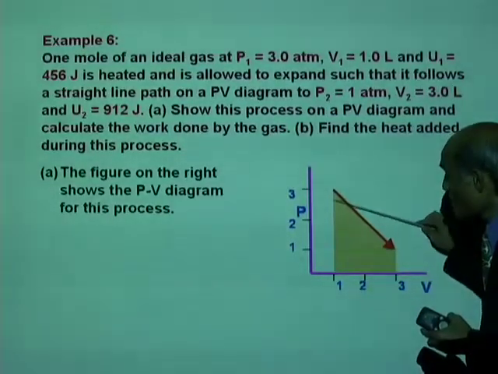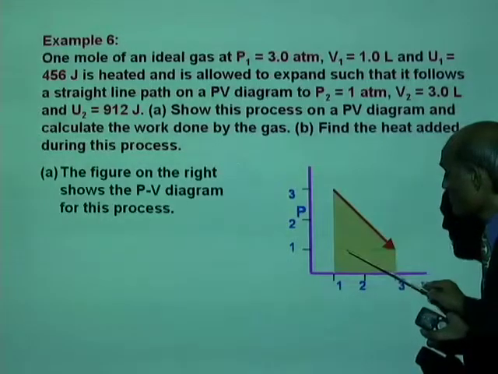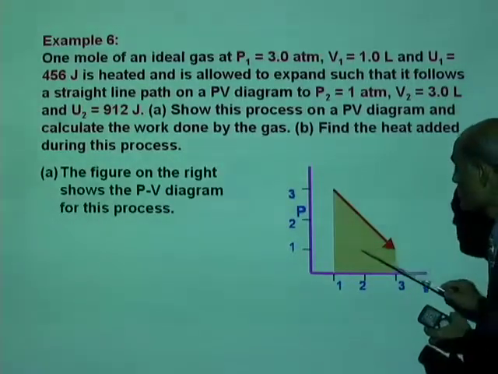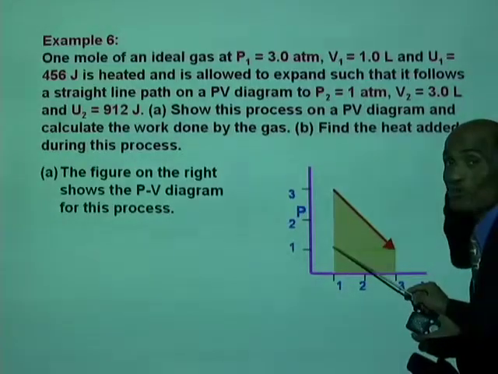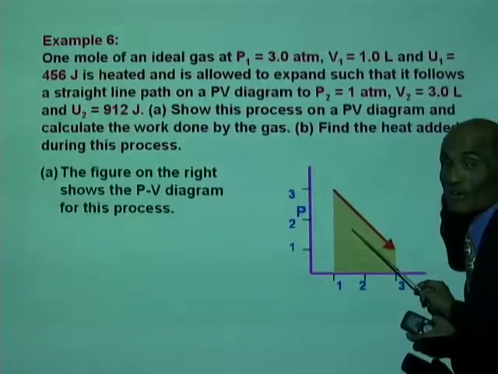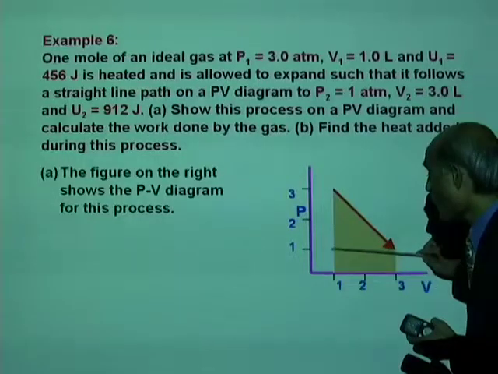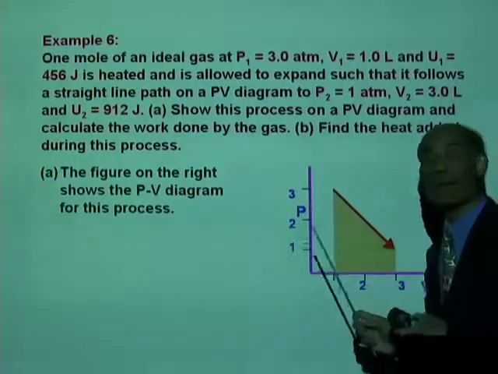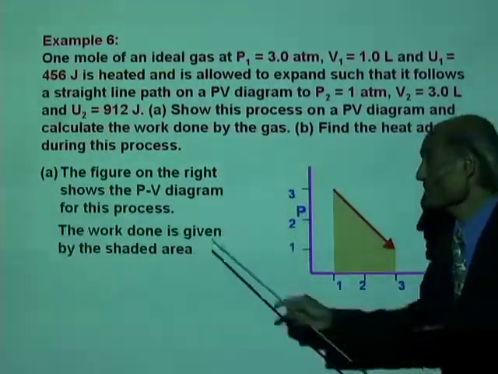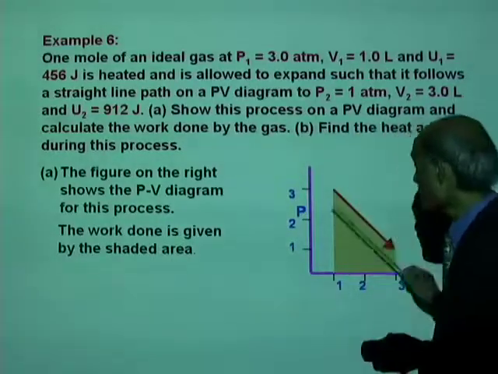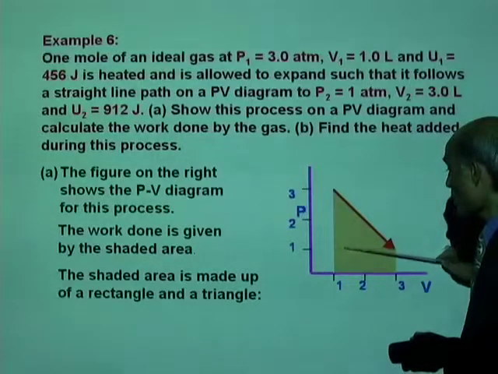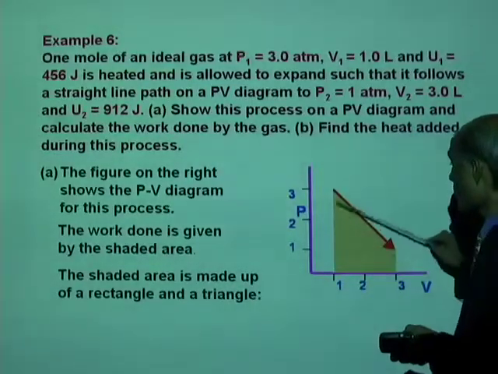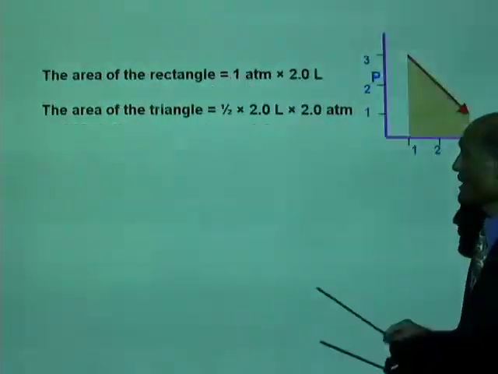Now, plus the area of the triangle. The base of the triangle is 2 liters and the height of the triangle is 2 atmosphere. The area of the triangle is 1/2 base multiplied by height. The work done is given by the shaded area, and the shaded area is made up of a rectangle and a triangle.